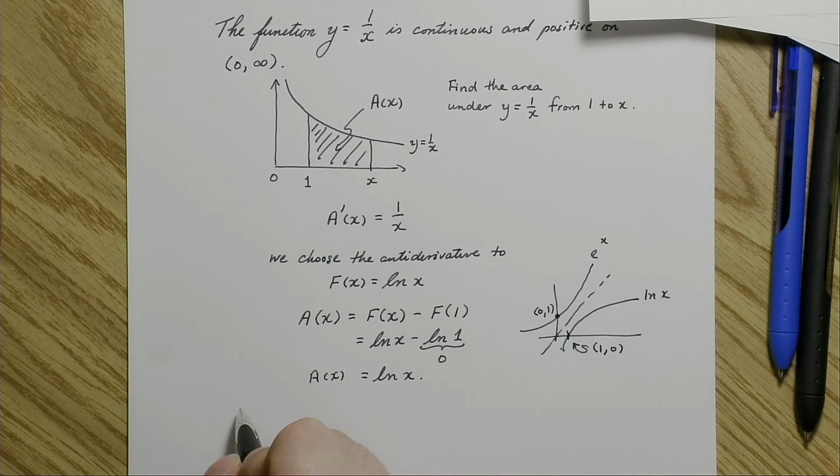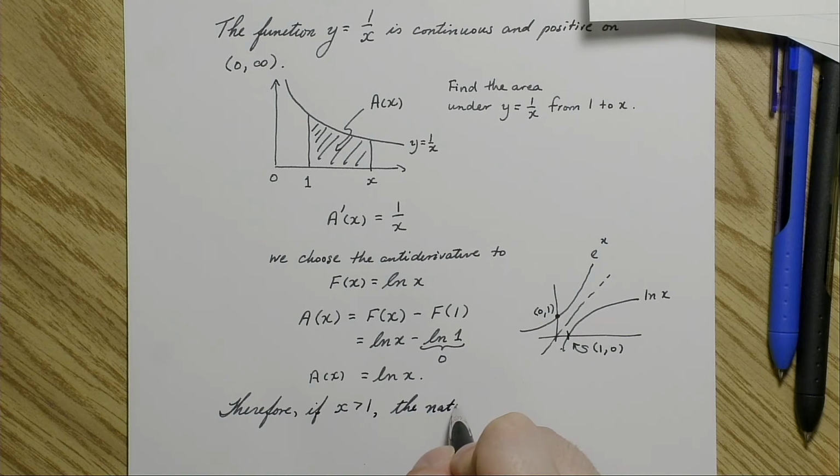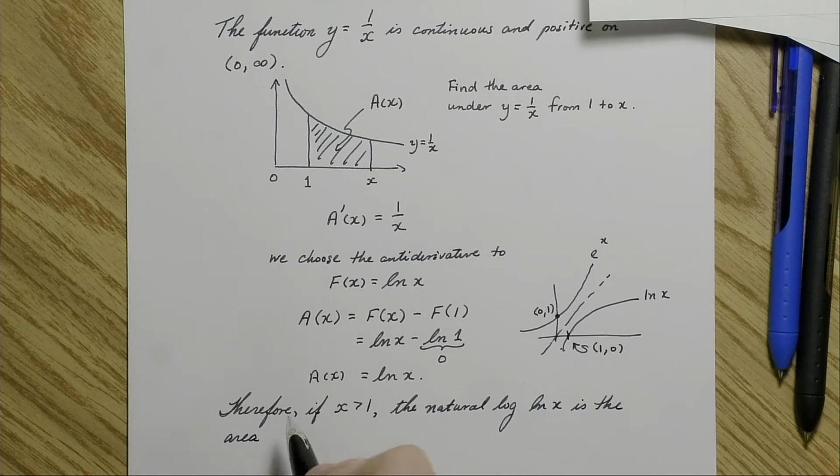And what we are saying here is, therefore, if x is greater than 1, the natural log ln x is the area under the curve y equals 1 over x from 1 to x.